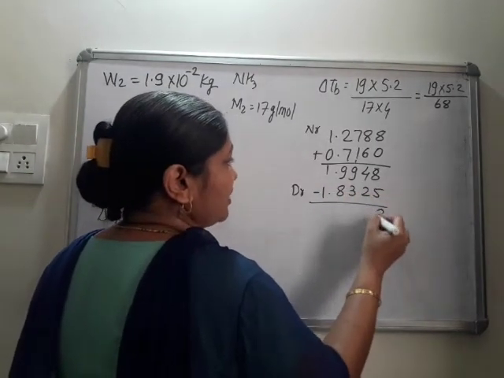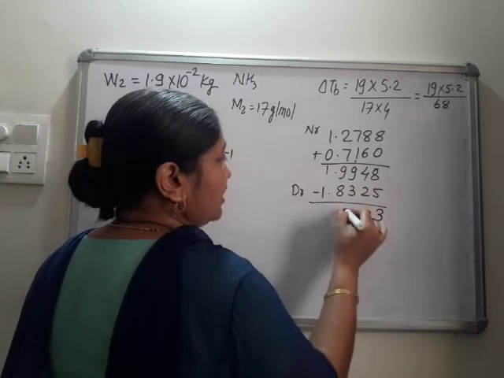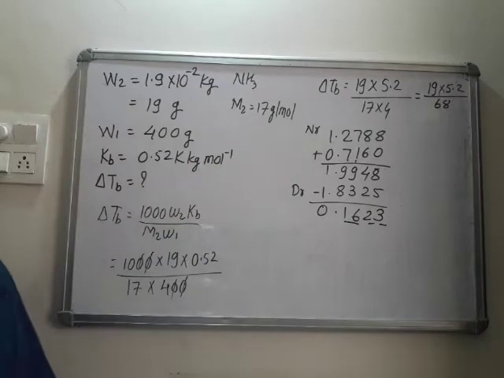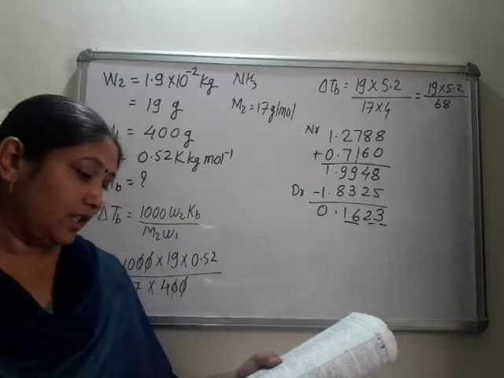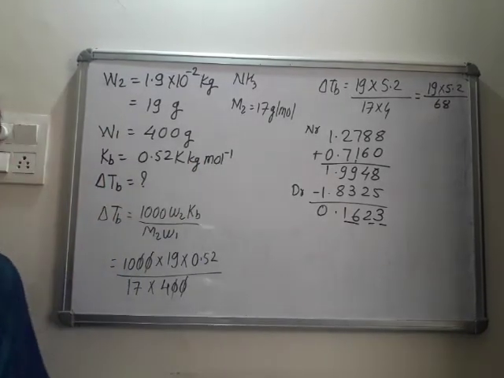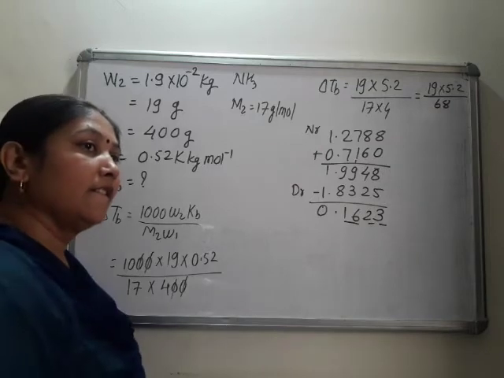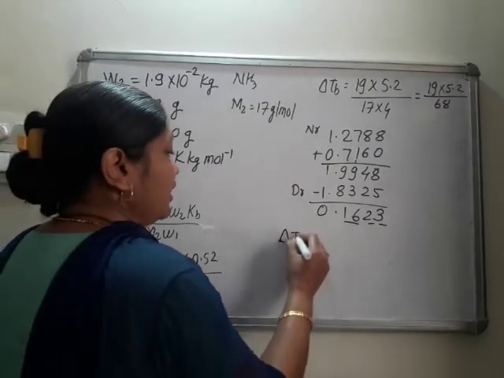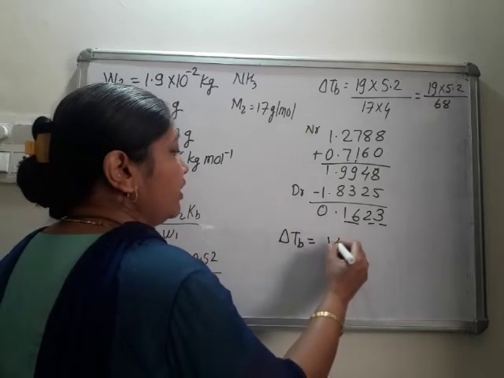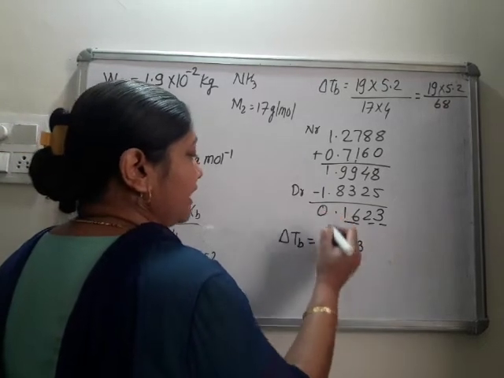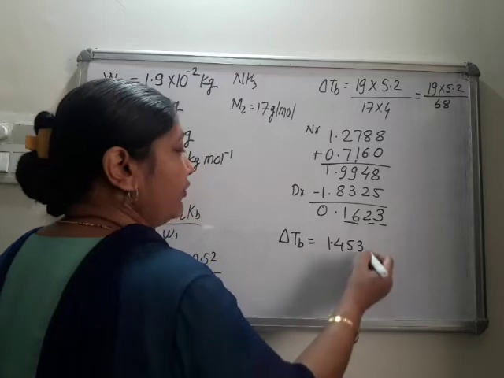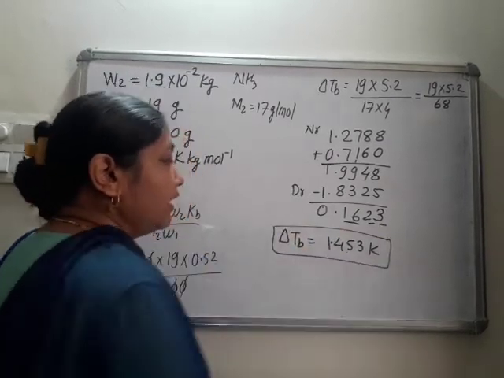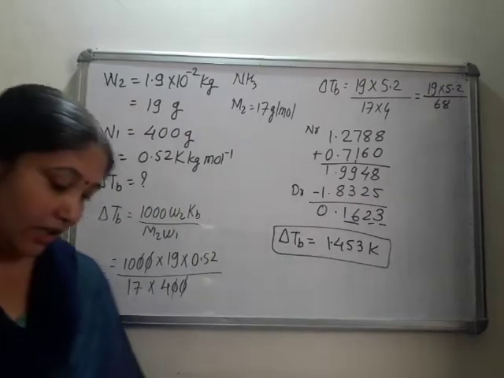Do the subtraction. This is equal to 0.1623. Check its antilog. What is it? 1453. Yes. So delta Tb is 1.453. Characteristic is 0. Unit Kelvin. Delta Tb, difference in temperature. Kelvin.